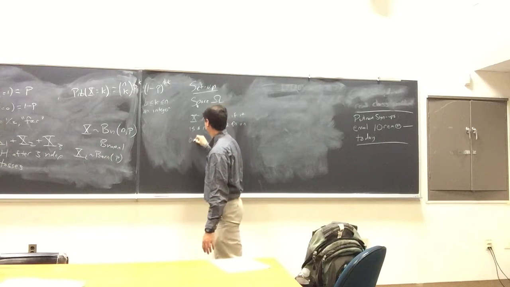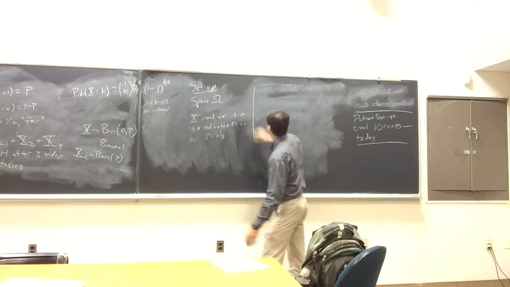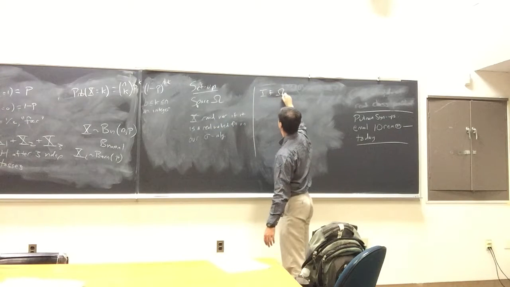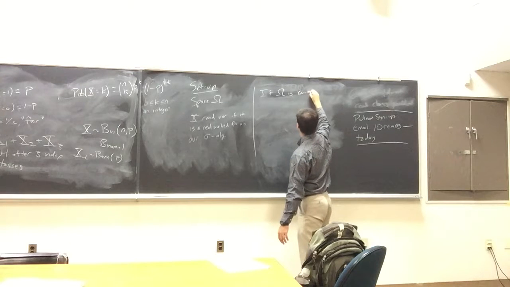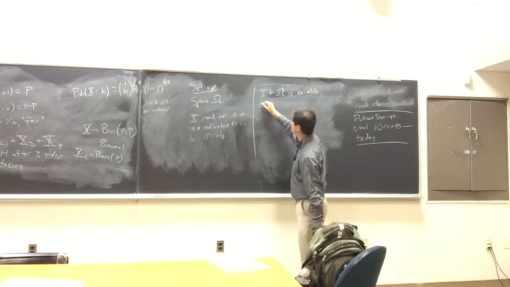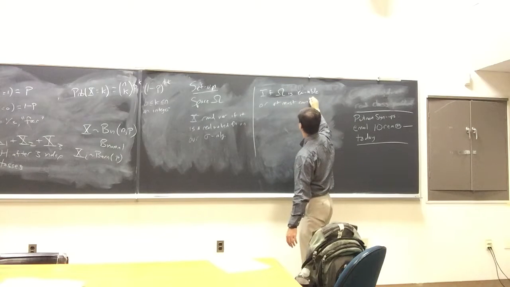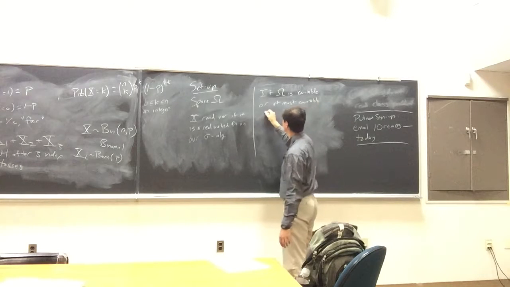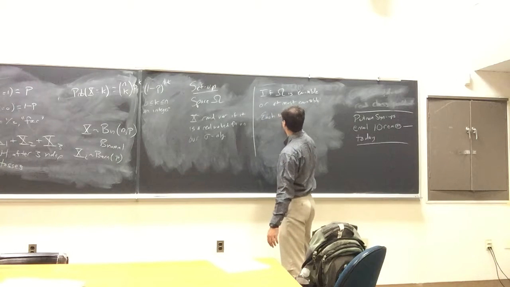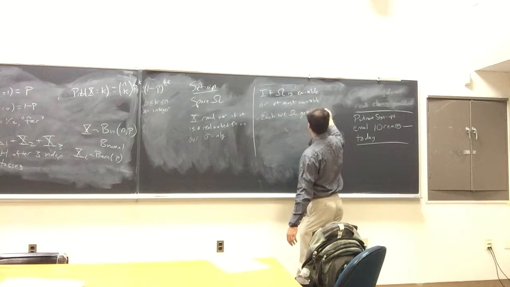So if omega is countable, or at most countable, things are very nice. What we can do is each omega in omega gets a probability.